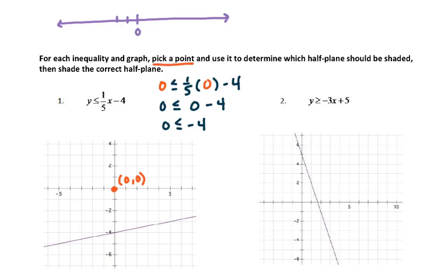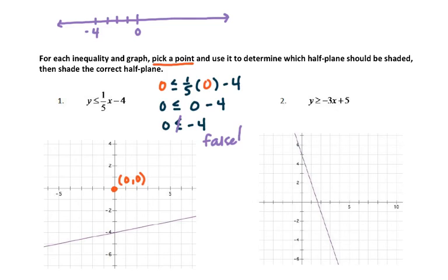Negative 1, negative 2, negative 3, negative 4 would go here. This is saying 0 is less than or to the left of negative 4 on the number line. And as you can see, that's not the case. 0 is greater than or to the right of negative 4. So this is not true.